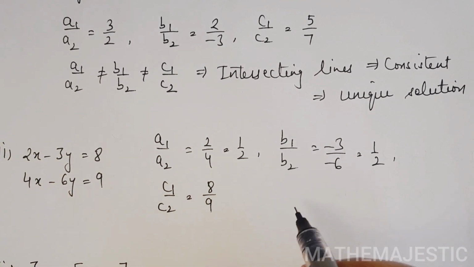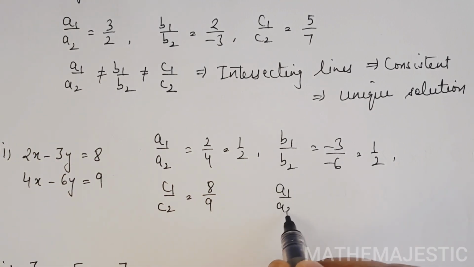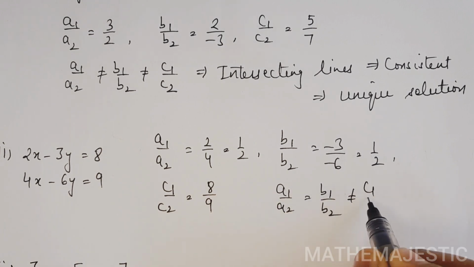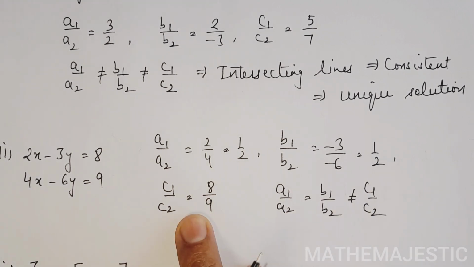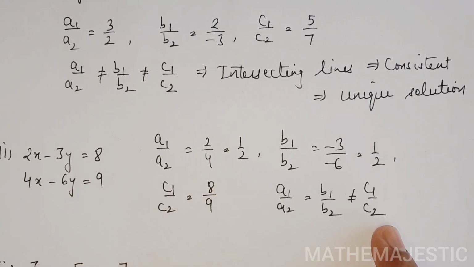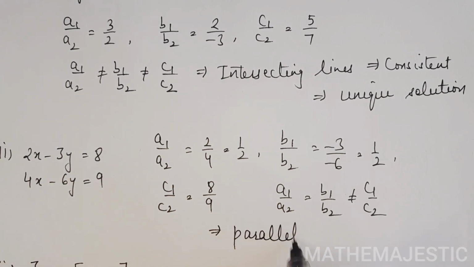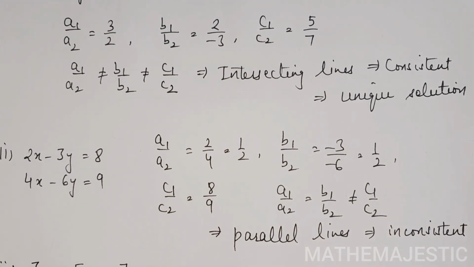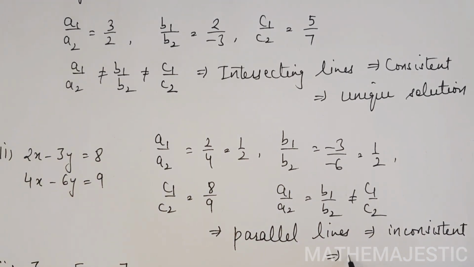Here you can see that the first two ratios are equal, 1 by 2, 1 by 2, but the third ratio is not equal to them, that is 8 by 9. So in this case, when the first two ratios are equal and the third is not equal, they will have parallel lines, and because parallel lines never meet, they will have an inconsistent system of equations and no solution also.